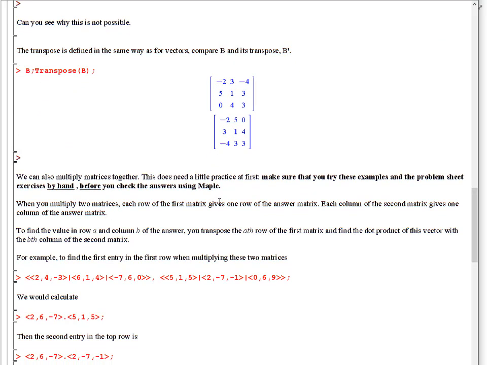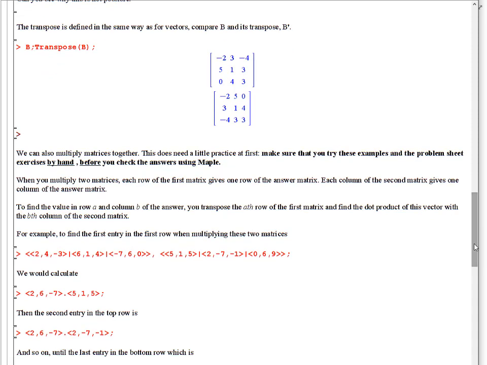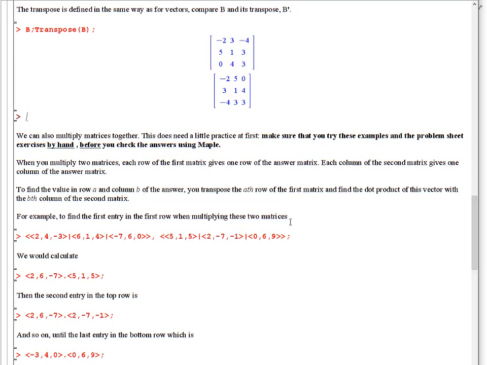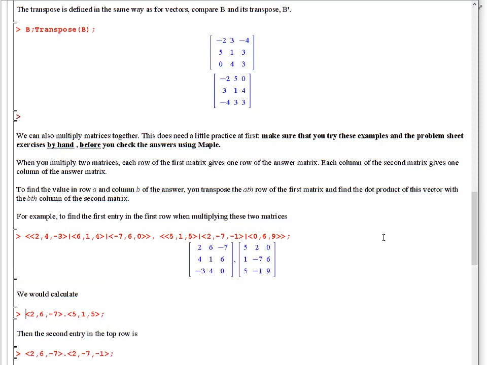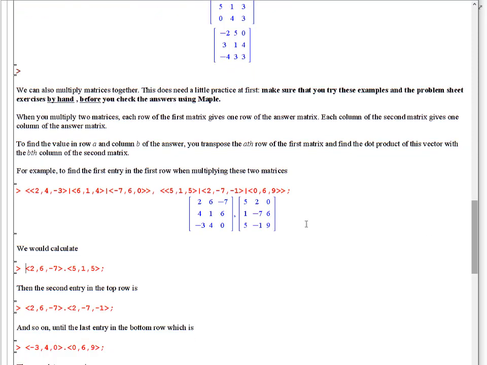There's an explanation in words, but I think it's probably best just to go through some answers. If I'm going to multiply two matrices like this, what you do is first calculate as though you're doing a dot product.